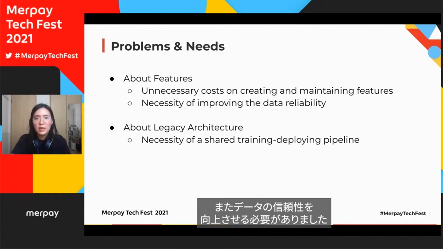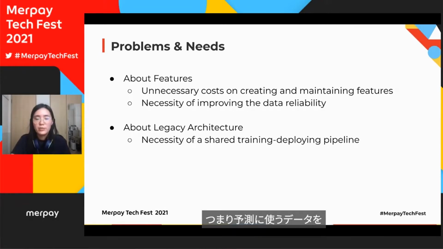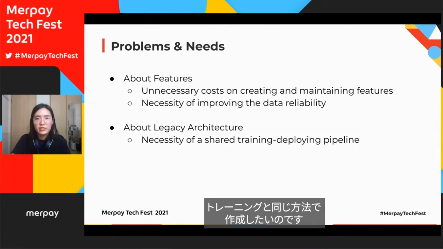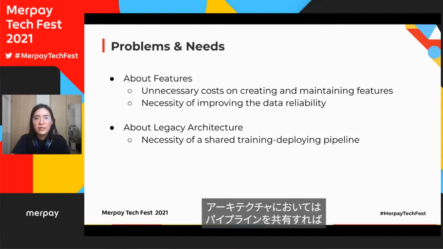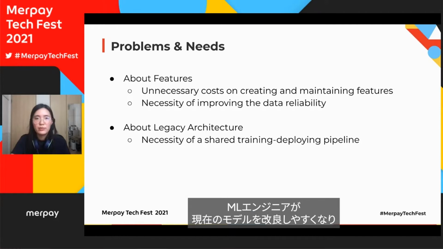At the same time, we want to improve data reliability, which means we want to make sure the data used in prediction are created in the same way as training. For architecture, we want to have a shared training deploying pipeline, which will make it easier for ML engineers to improve the current models or deploy new models efficiently.